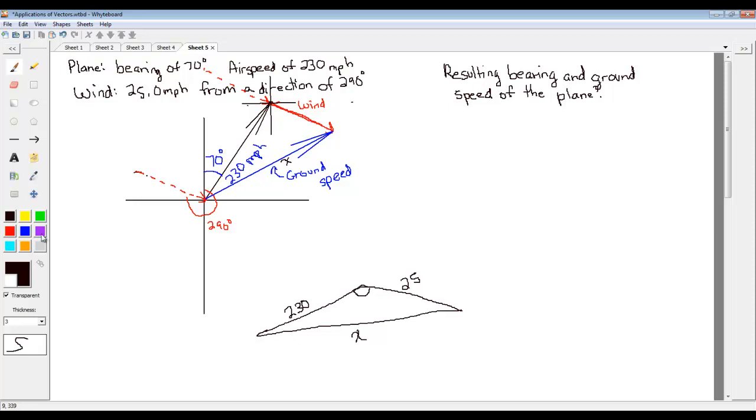Let's see here. If the north-south axes are parallel to each other, then this vector is basically a transversal. So that tells me that if this angle is 70 degrees, this one here has to be 70, because of alternate interior angles, if these two are parallel.